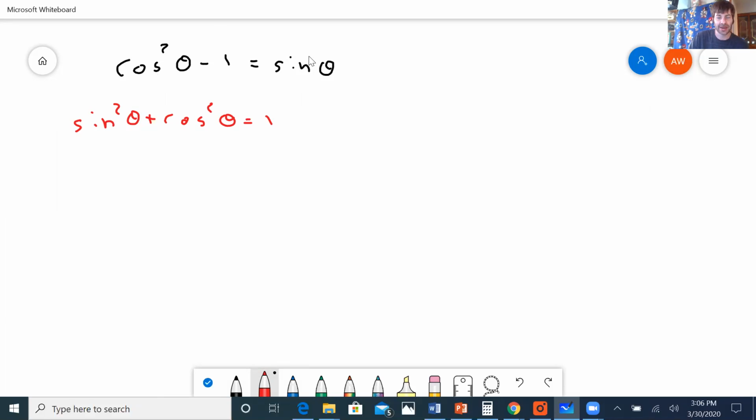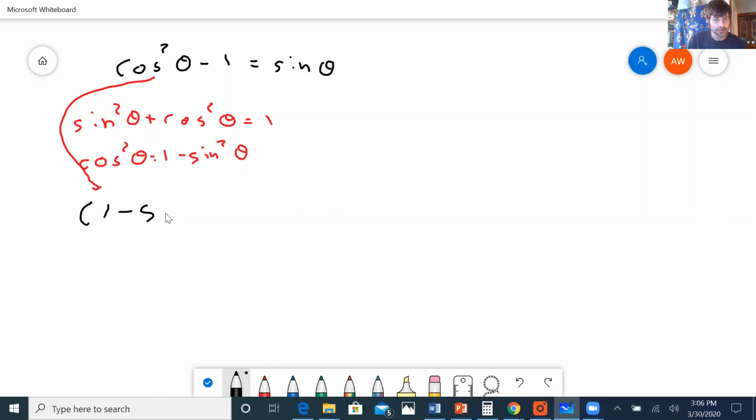So when you have a cosine and a sine, you know you're going to have to do some identity to change it. And I'm going to change this cosine squared into sine squared. And then I'm just going to substitute that right in here. And now I've done it. I've turned it all into sines.